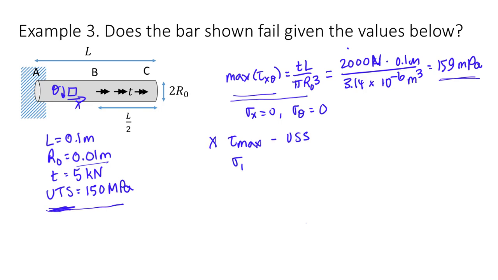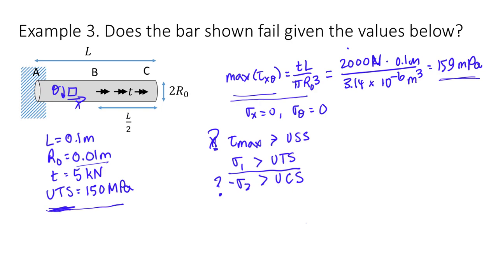Or sigma 1, we want to ask, is that greater than ultimate tensile stress, or is negative sigma 2 greater than ultimate compressive stress? These are our three questions we're supposed to ask. So these ones are big question marks. We have no way to tell, but we can ask this question, and we can ask it because we can do stress analysis.